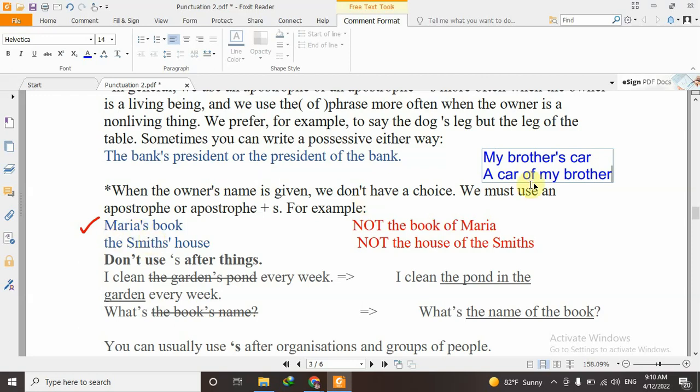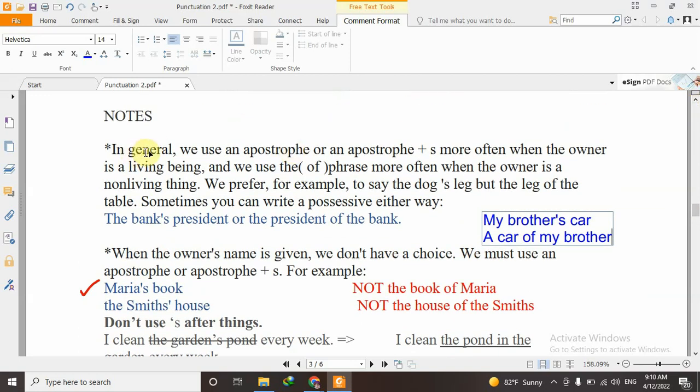Okay, so let us repeat it. In general, we use apostrophe s when the owner is a living being, not a living thing only. Maybe now you say it is the same as living thing, but I am saying a living being, a human being, a man.